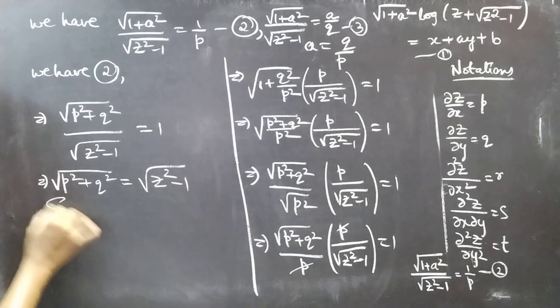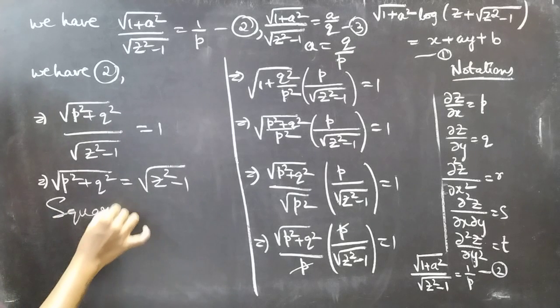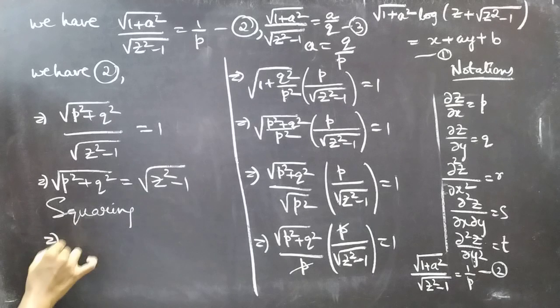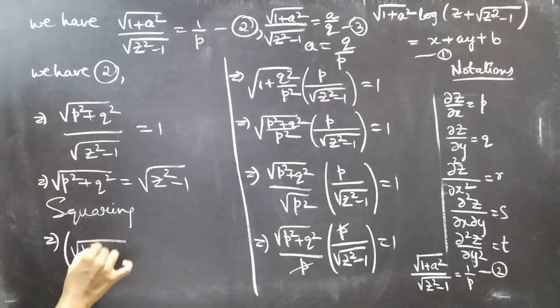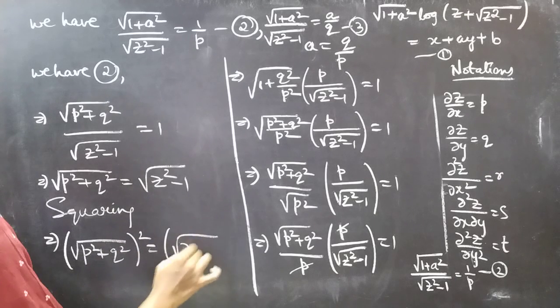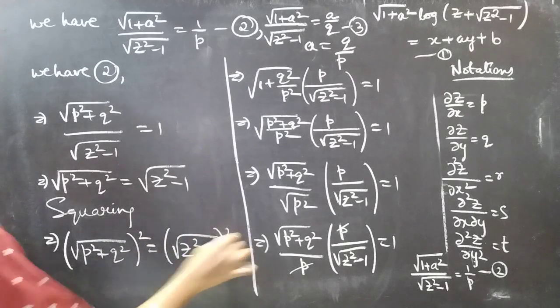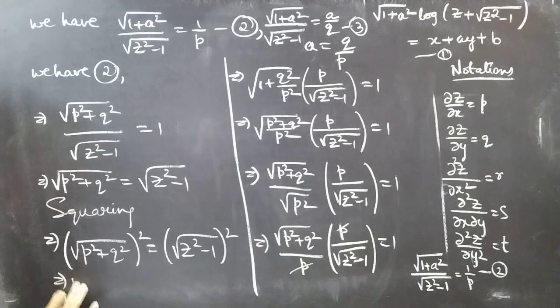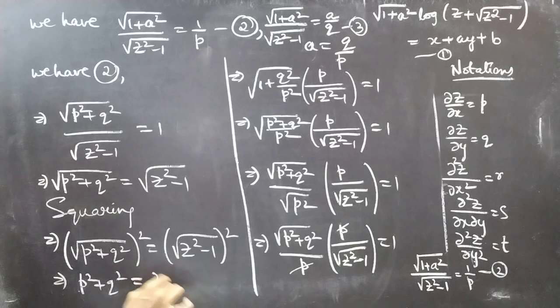Now by squaring on both sides, you'll get p square plus q square equal to z square minus 1.